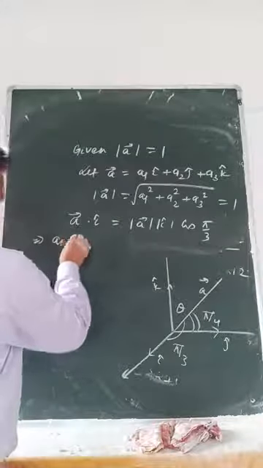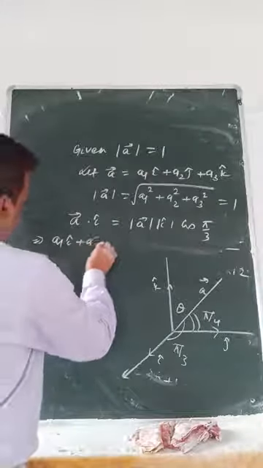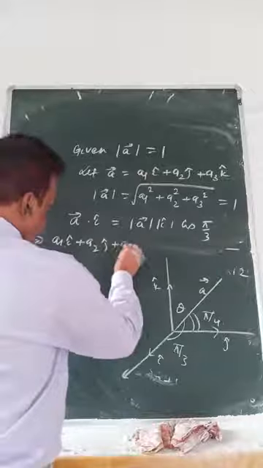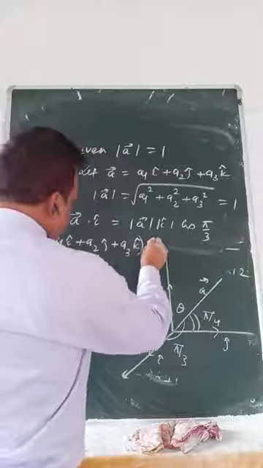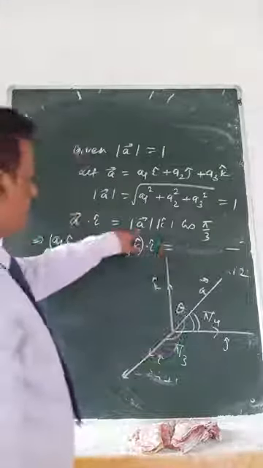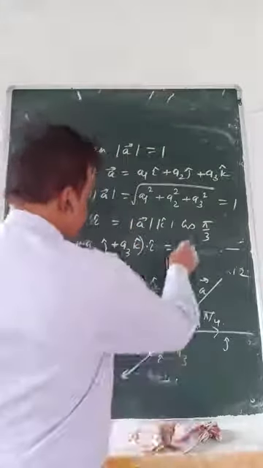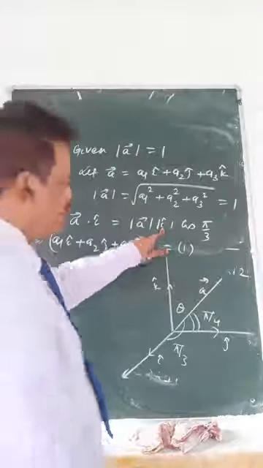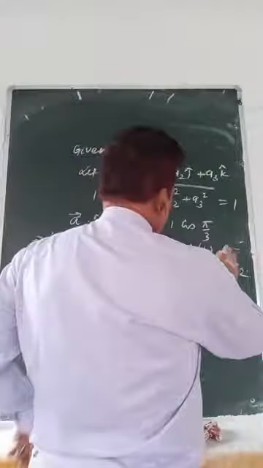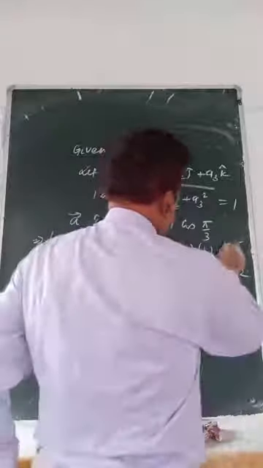So what is A dot I? Now A1 I plus A2 J plus A3 K dot I equals mod A. Mod A is how much? 1. Mod I, unit vector, again 1, cos 60 degrees, half.